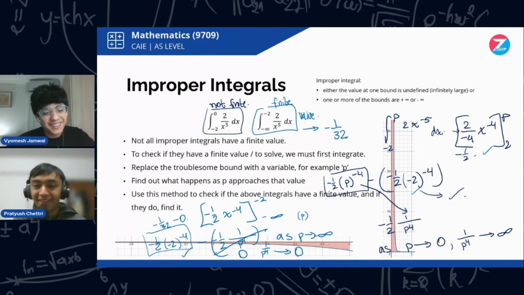Here are a few graphs. They're hidden behind the writing a bit. Guess which is which. This one is this one. And as you can see, as p tends towards 0, our 1 by p power 4 tends towards infinity. You can see this graph going straight up, and it'll never actually touch the axis.